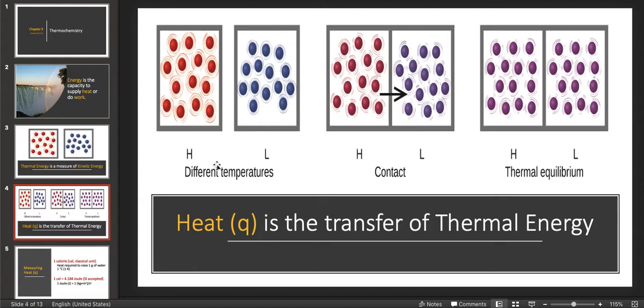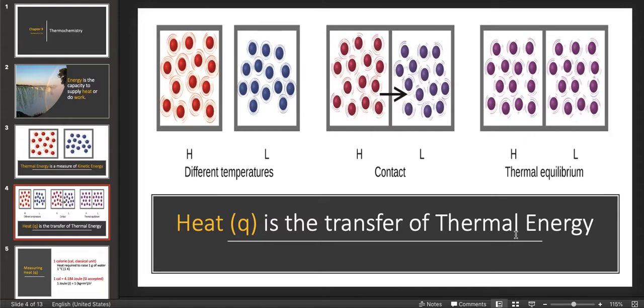Because it's hotter, it has more thermal energy, and when I touch it, some of that thermal energy in the form of heat is passing into my hand, which increases the temperature of my hand, and therefore my brain interprets that as, oh, this object is hot, because I am sensing a heat flow into my hand.